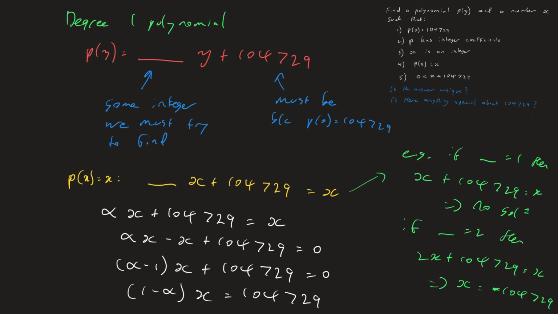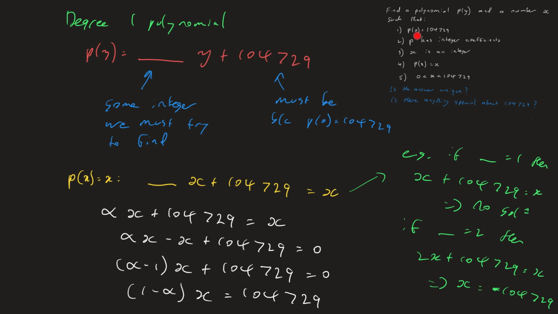Nevertheless, let's assume that p of y, in addition to satisfying our 5 requirements here, is also a degree 1 polynomial, which means that p of y equals some integer times y plus some other integer, integer because we're told that p has integer coefficients. But a moment's thought shows that because we require p of 0 to be 104,729, this number here has to be 104,729.